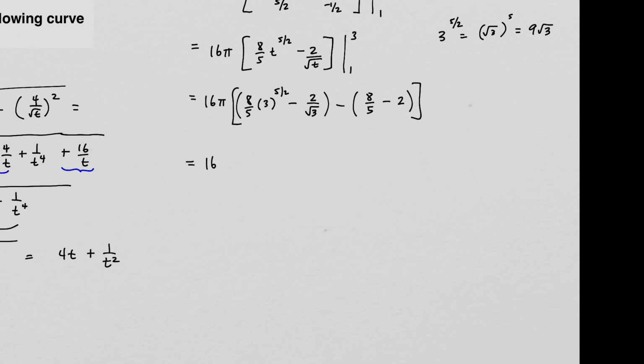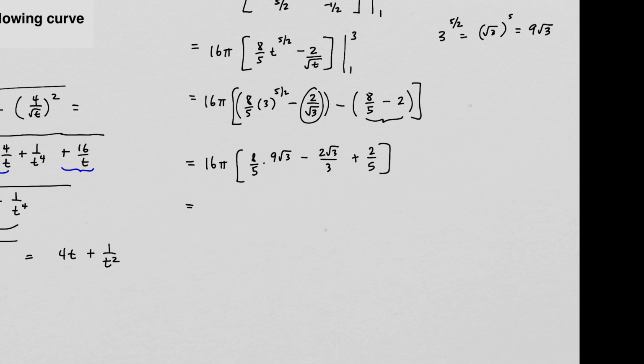So this becomes 16 pi times 8/5 times 9 radical 3 minus, this can be rationalized, 2 radical 3 over 3. And then 8/5 take away 2 is negative 2/5, and then the negative changes to a positive 2/5.